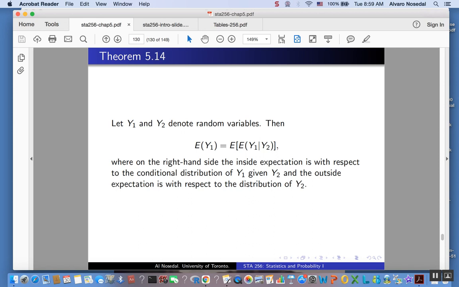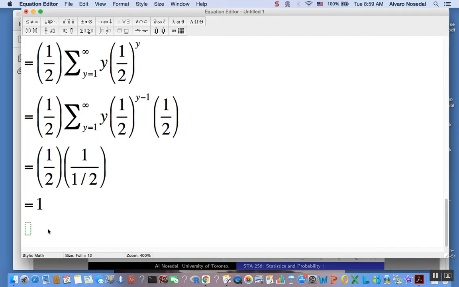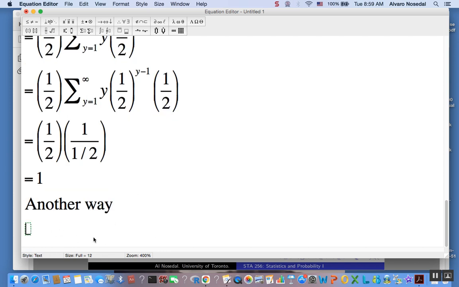So let me show you a way of using that result to double check that we found the right expected value. So let's say that another way, using that theorem, right?